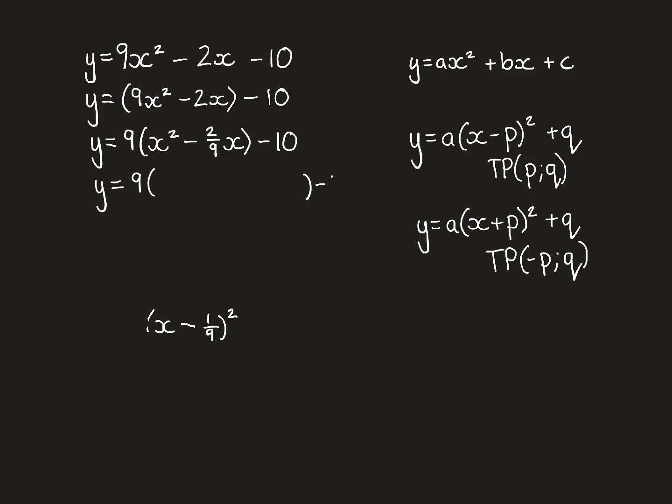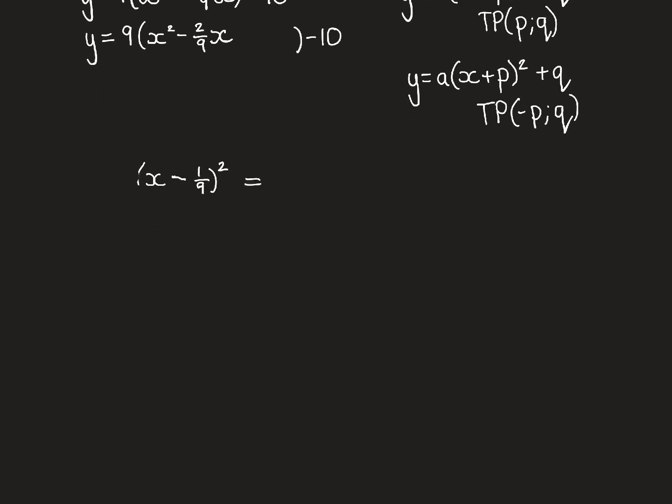That minus 10 hangs around out there. I've got x squared minus 2 over 9x. And now how I know what I need to do is I quickly multiply this out. Now I'm going to write out the long thing.